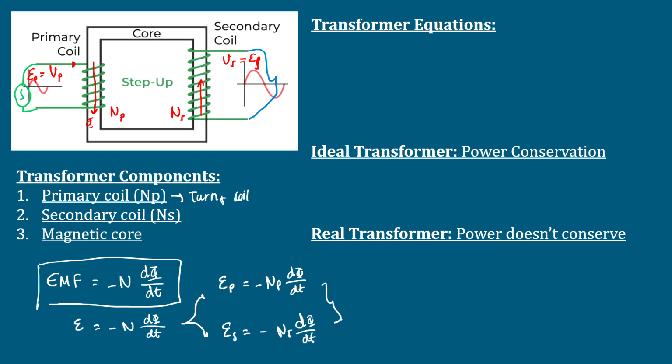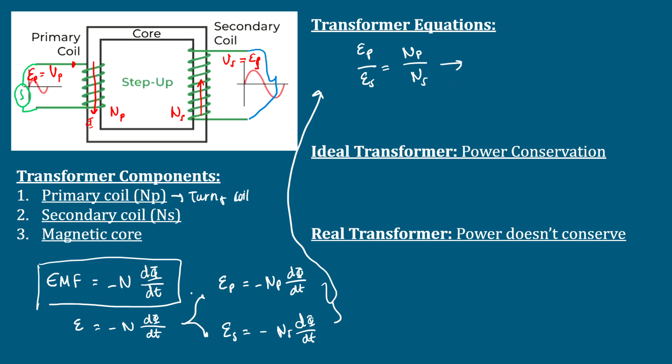From this equation, we can find the new equation that I want to write over here. We will find the transformer equation. We will have epsilon p divided by epsilon s equals np divided by ns.